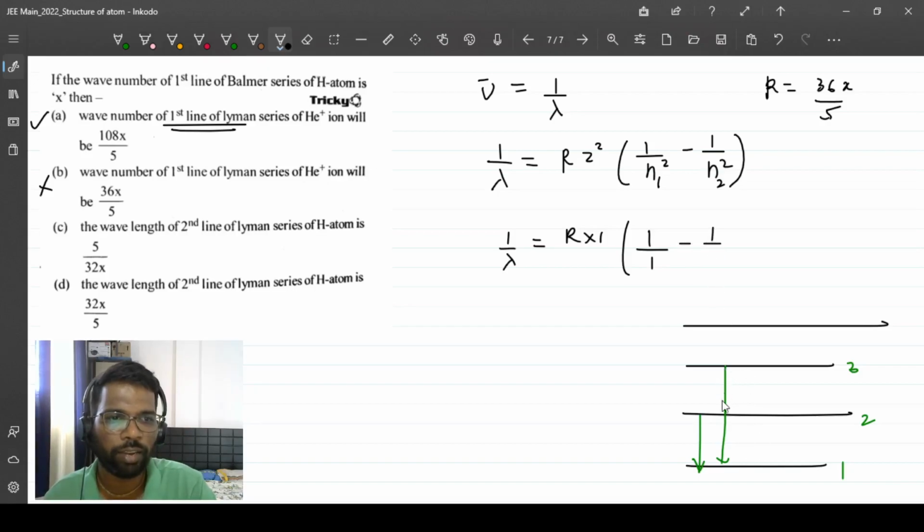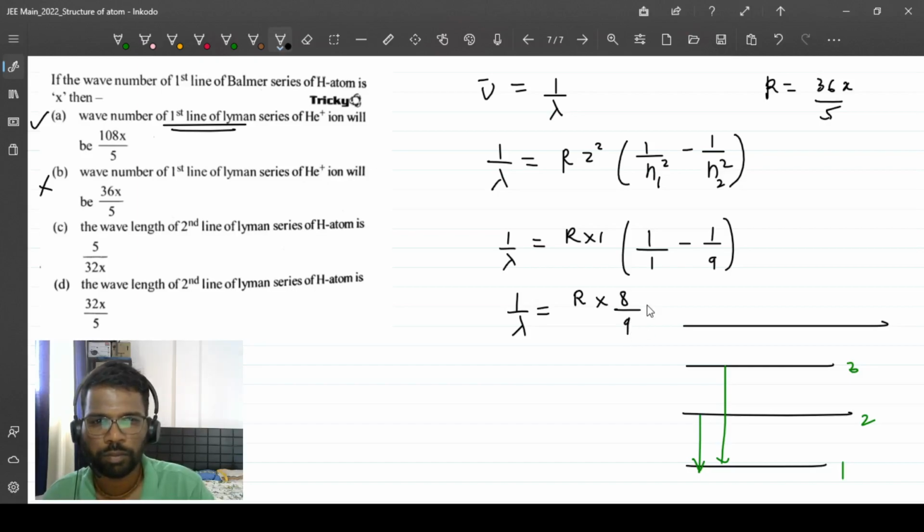This is the second line of the Lyman series, so N2 is 3, N2 square is 9. So 1 by lambda will be equal to R into 8 by 9, right?